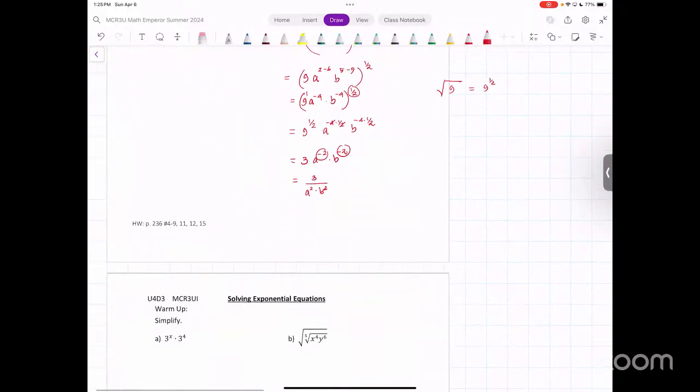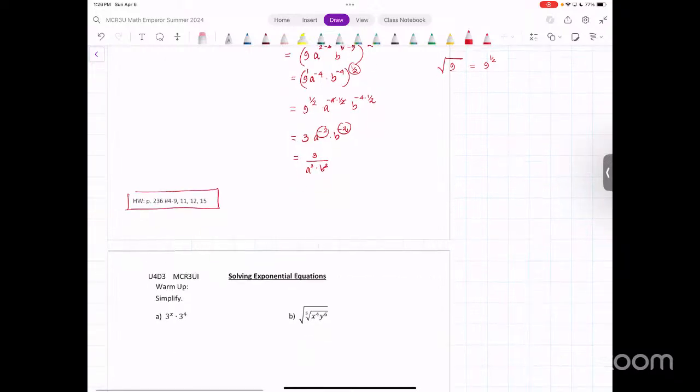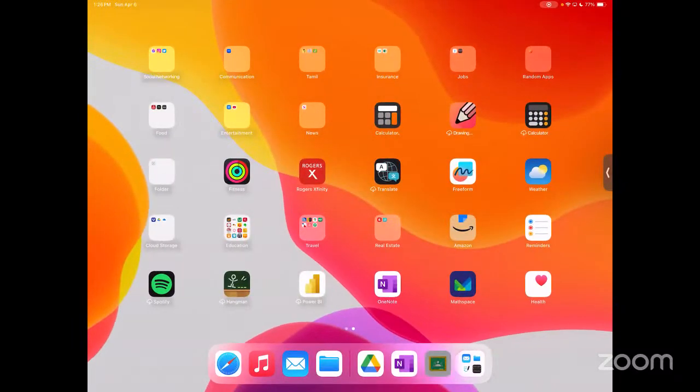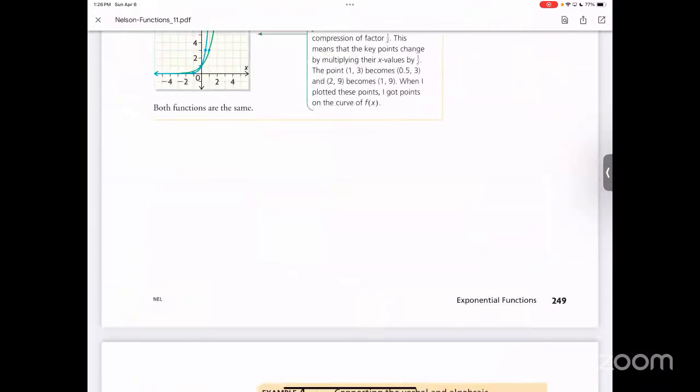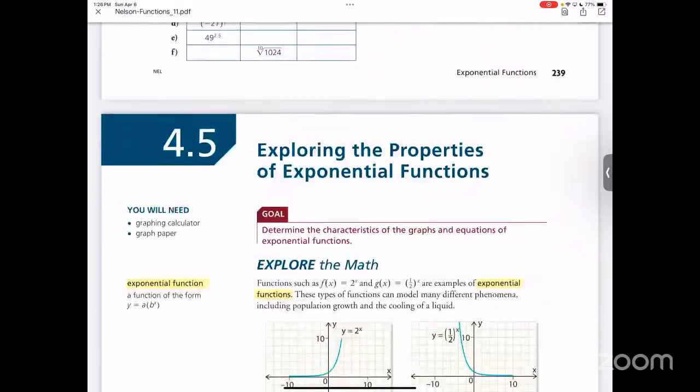So come back to the next part. I don't really want to go about right now, but I'm going to show you what that is. In the textbook, you guys are going to do 4.6 textbook questions, 4.6 all about graphing. 4.5 is nothing yet.